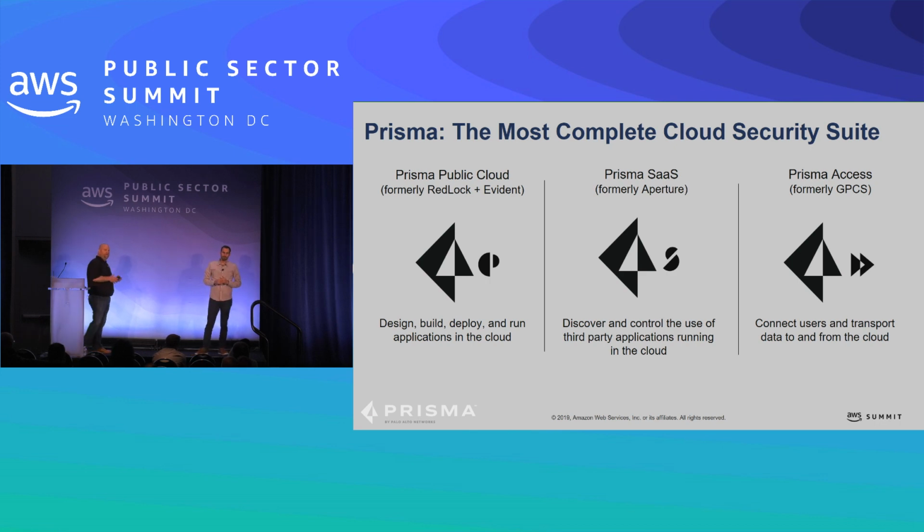Yep. And with Prisma Public Cloud, which was our Redlock and Evident product, you're actually able to get continuous security monitoring, be able to validate your compliance posture, and cloud security capabilities across any cloud environment, whether we're talking public, private, or hybrid.